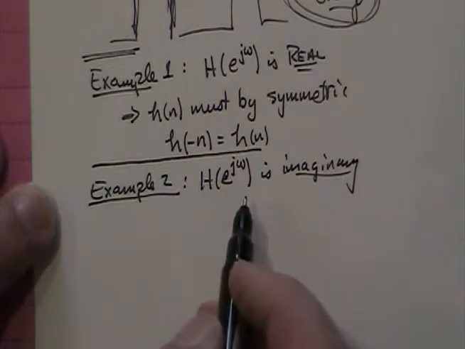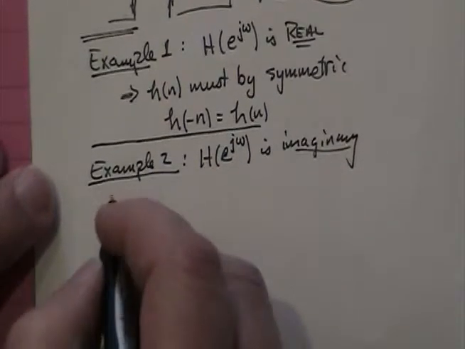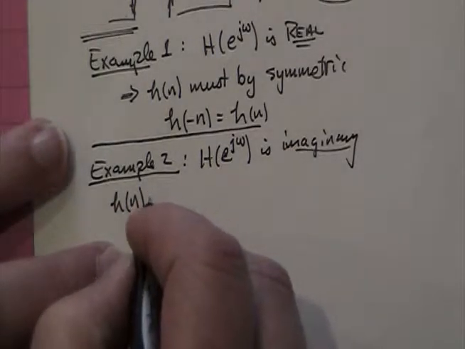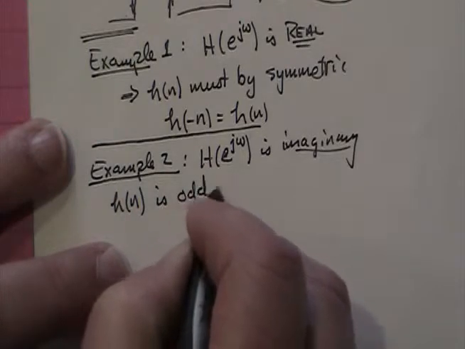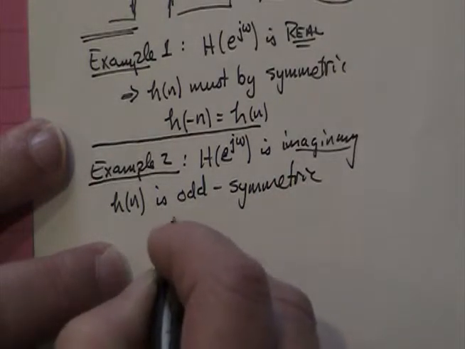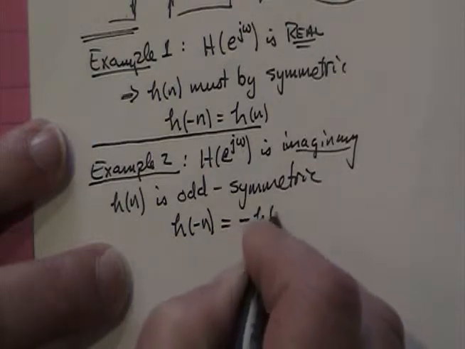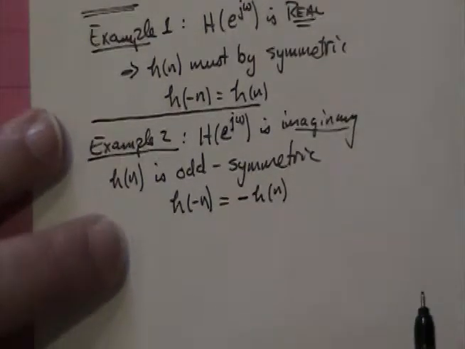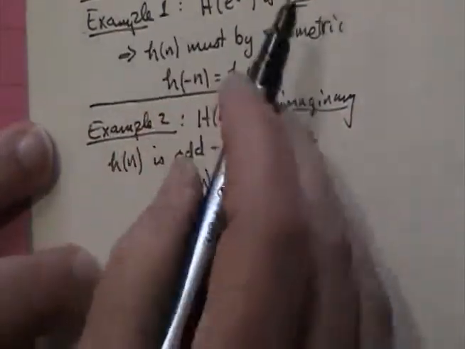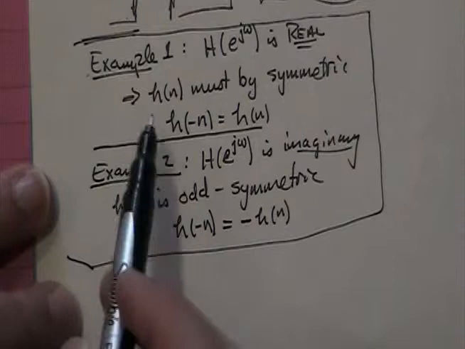If we look back at DFT or DTFT properties, we end up saying, okay, well, h of n in the time domain satisfies an odd symmetry, is odd symmetric. Which means if I look at h of minus n, that has to be the negative of whatever I see at h of n. It has an odd symmetry around the origin. So these two cases are the fundamental ones. These two examples are the fundamental starting point for talking about constant delay filters.